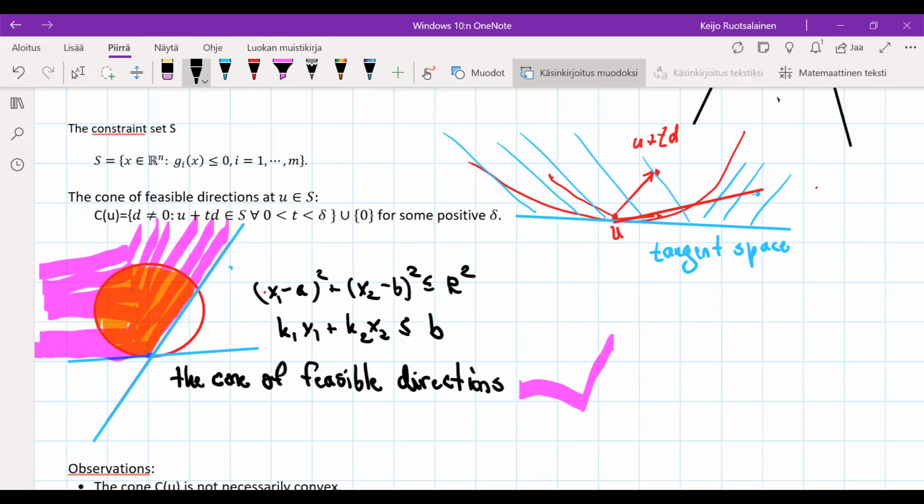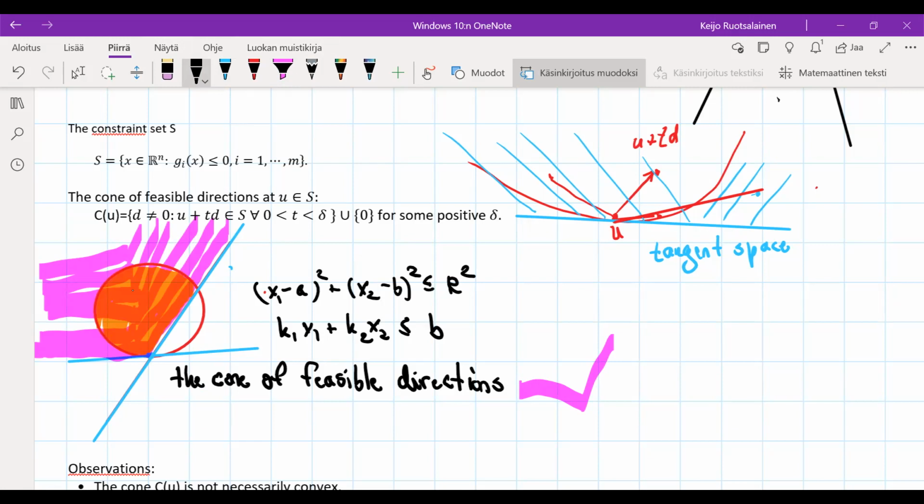I have used the lilac or violet color. So now it's not anymore a half space. We can do it also for non-convex problems.